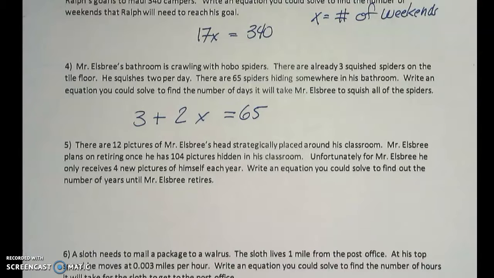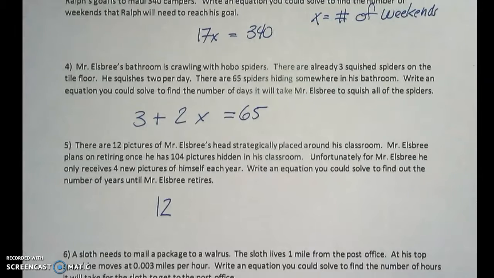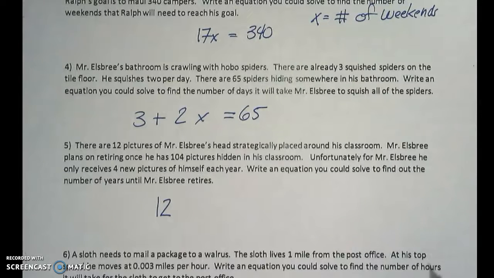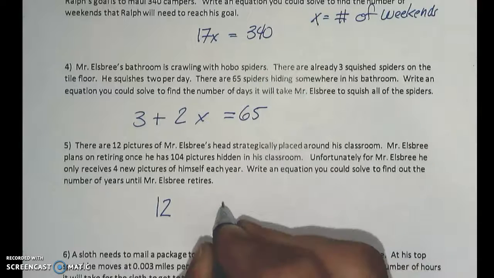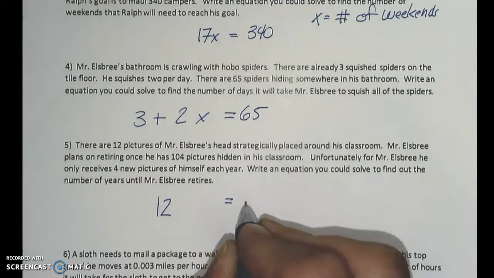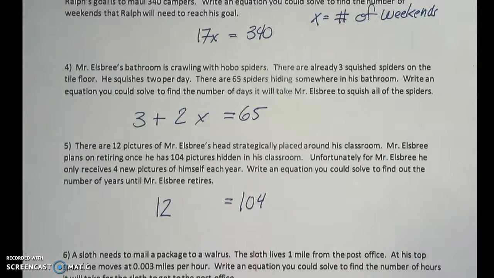So kind of that same kind of concept. Where do we start? There's 12, okay. Okay.